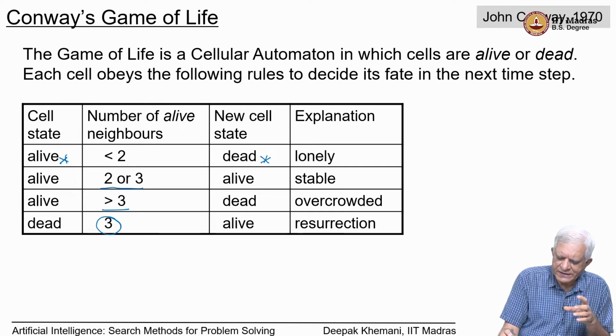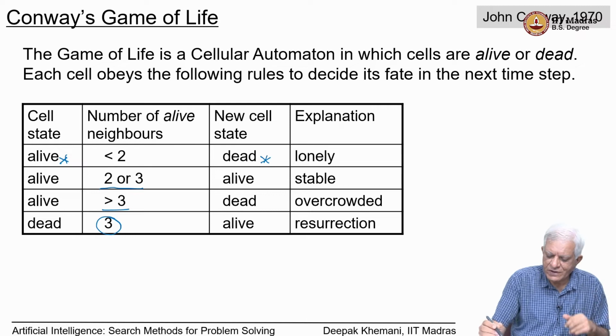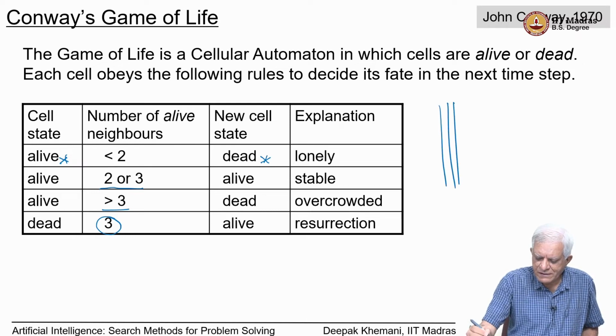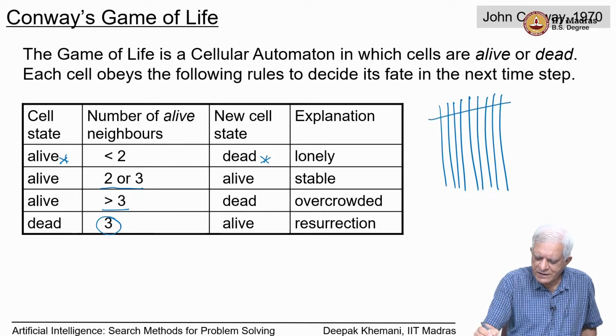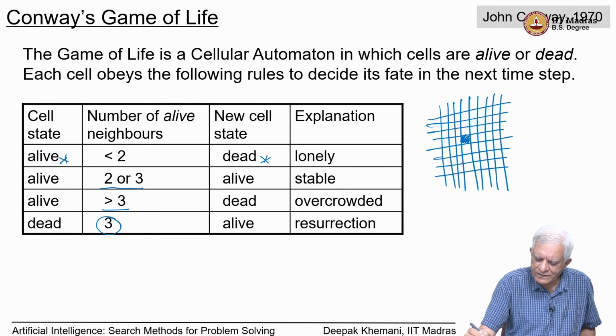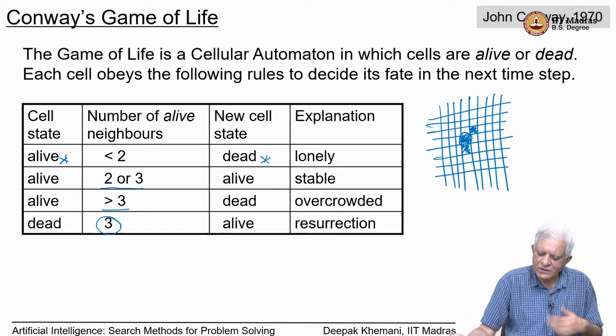So, you can imagine that you have this large or in principle infinite array, and in which certain things are. So, for example, if this cell is alive, and if this cell is alive, and if this cell is alive, then that central cell has 2 neighbors which are alive.